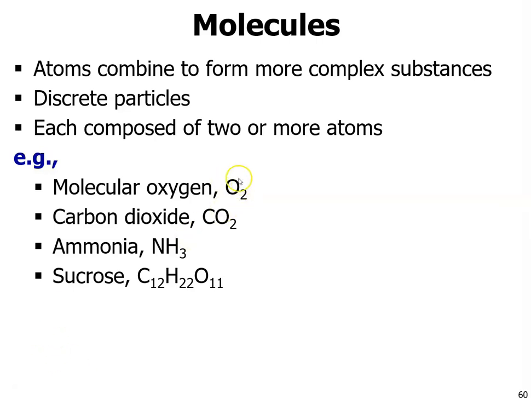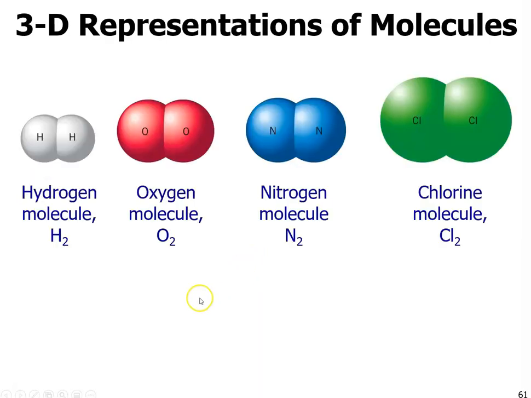Oxygen, O2 for example, is a molecule because there is more than one atom, even though they're the same type. Carbon dioxide has two different types of atoms. Ammonia has two types as well, and sucrose has three, but there are big, long groups of these together.